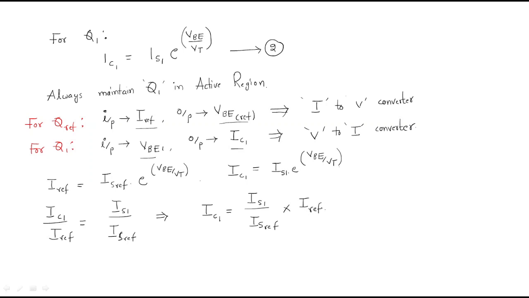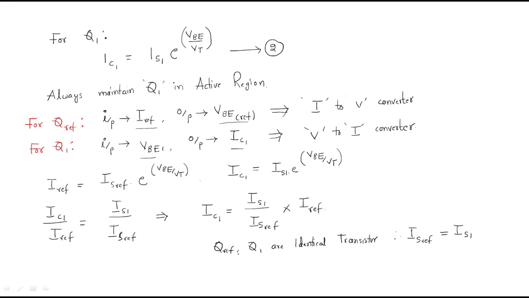So this is the equation we are getting. If you observe the equations, no need to assume here. Generally Q reference and Q1 are identical transistors. Then the reverse saturation current of the reference transistor and the first transistor are both the same.